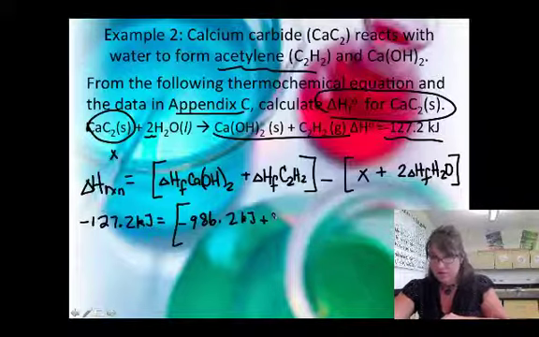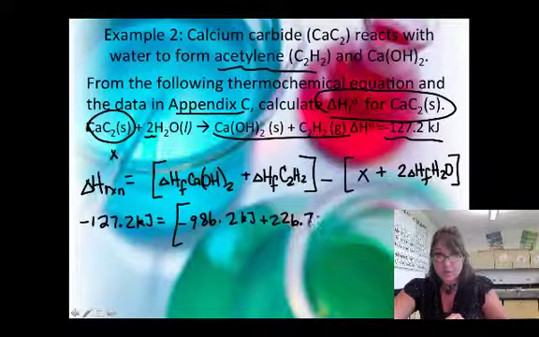And then we're going to find acetylene. So look under carbon, C2H2. Where are you? There it is, acetylene gas. Yep, acetylene gas it is. And that's a positive 226.77 kilojoules for every mole.